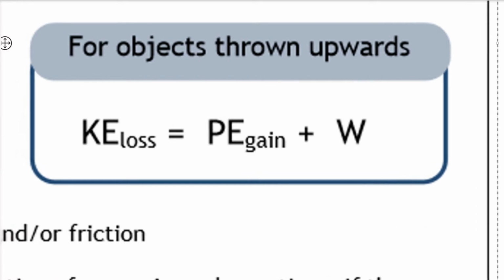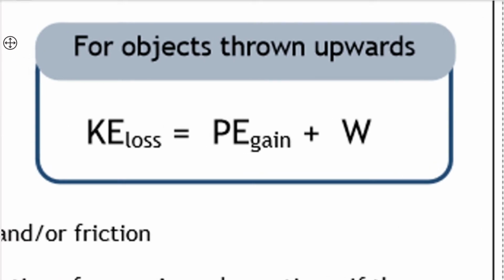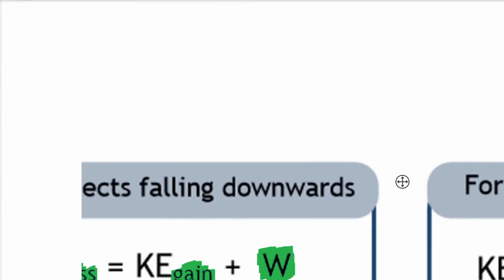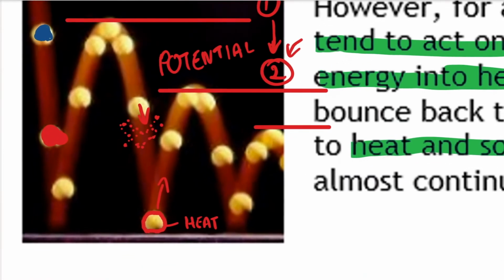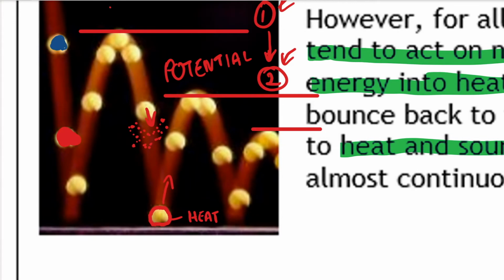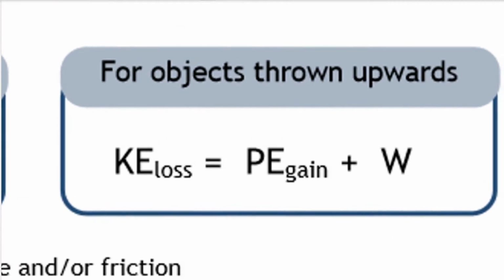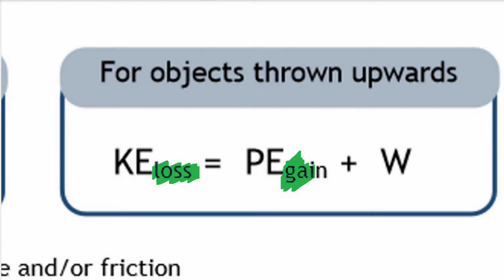If you throw, and when that tennis ball is moving up, so let's see that tennis ball again, on its way up this way, then it's going to be getting slower. So it's losing kinetic energy, it's gaining potential energy, but again, it's acting against air resistance.